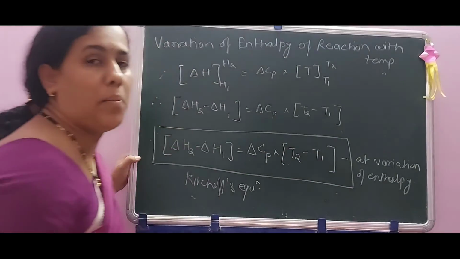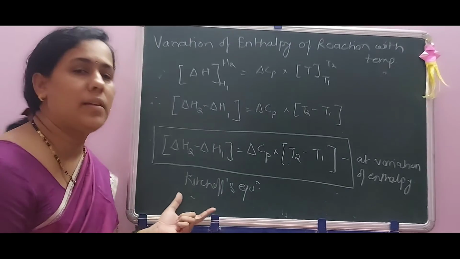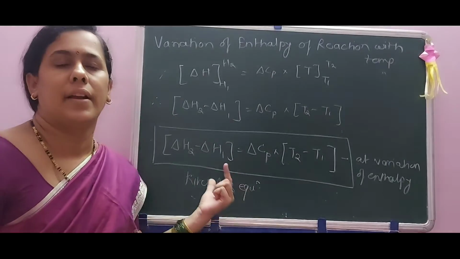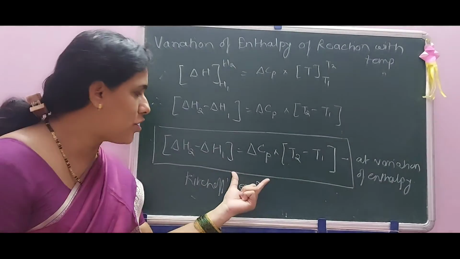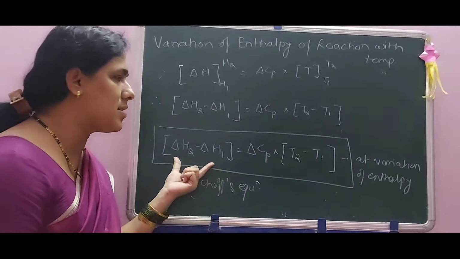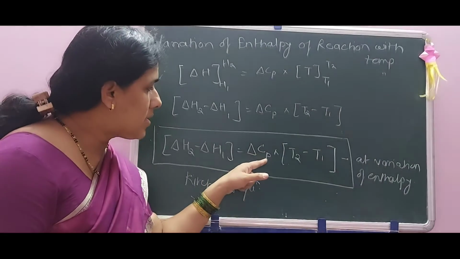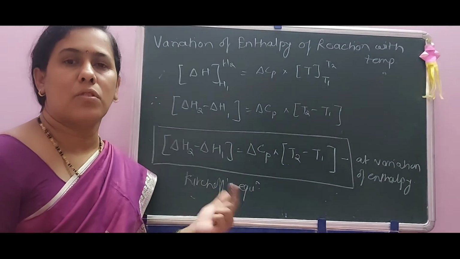What we have taken here is first the reaction A goes to B. Then we assume the enthalpy of the products and reactants, take their difference, and we get the relation known as Kirchhoff's equation.